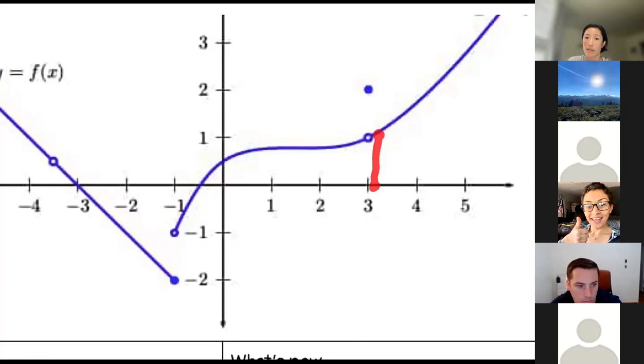Yeah, it's also getting close to 1. And so this one, if I come from the left-hand side, I get really close to a y value of 1. If I come from the right-hand side, I get really close to a y value of 1.